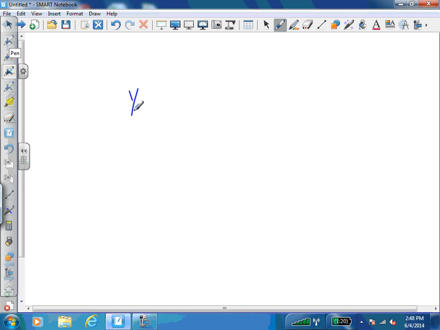Let's do something kind of peculiar here. We don't have a formula to do that derivative. We have formulas when we have x to a constant power, and we have formulas when we have a constant to a variable power, but here we have a variable to a variable power.